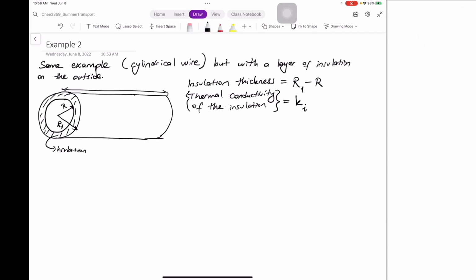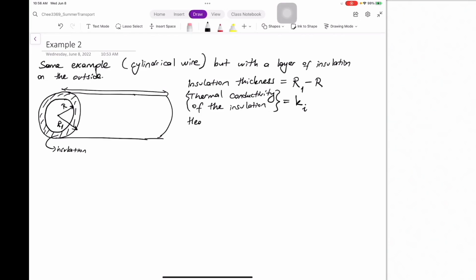Now, when we say perfect insulation, it means the conductivity is 0. There is no conduction. But when we talk about a commercial insulating material, it has some K, but it's very small compared to, for example, metals or other materials. But when we say perfect insulation, that means there is no heat transfer going on there. So you can actually take the heat flux as 0, K as 0, and so on.